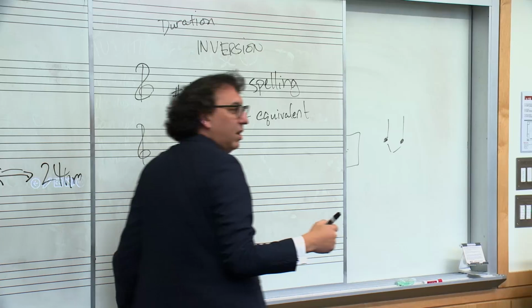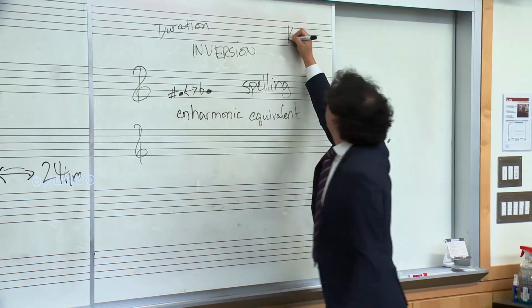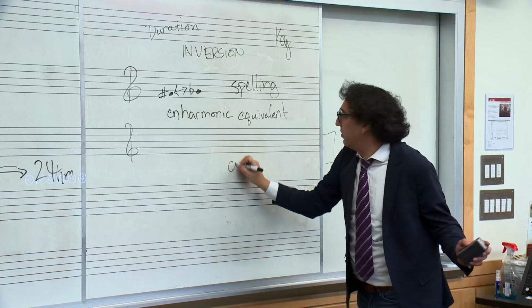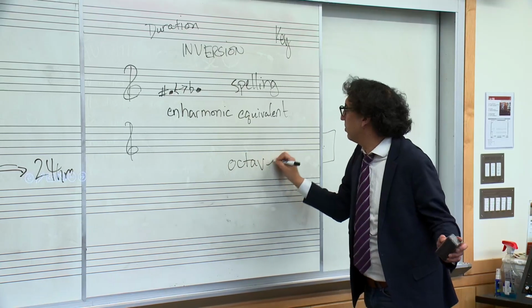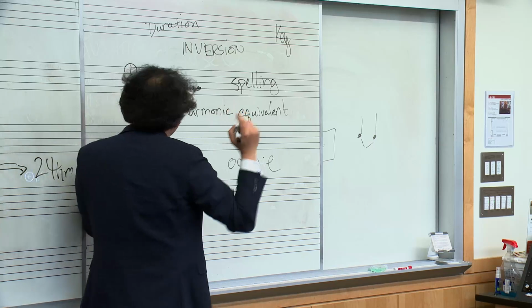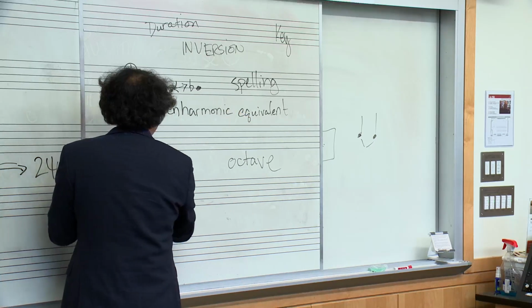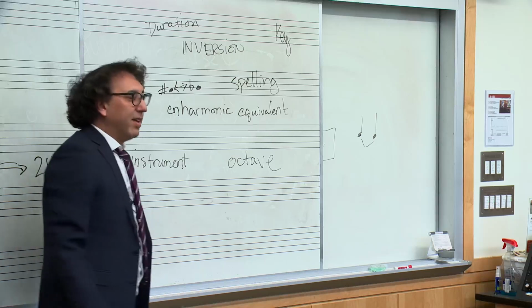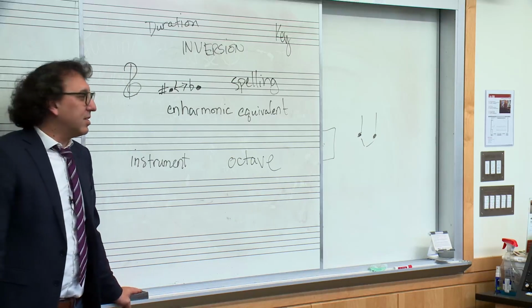John? Key. Ooh, that'll be good. Great. I heard another one. Octave. I should have chosen the one without staff lines, twice as much space. Keep going. Instrument. Sometimes it doesn't matter what instrument is playing. We'd say it's the same thing.